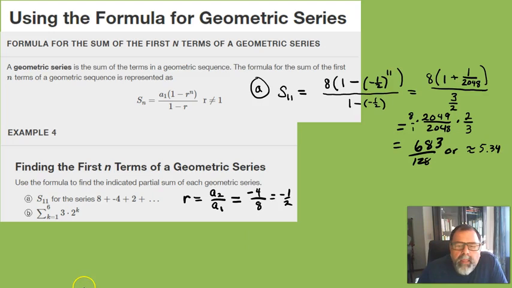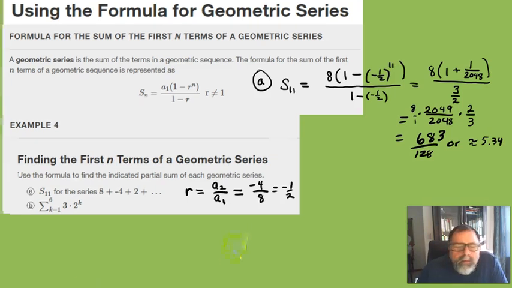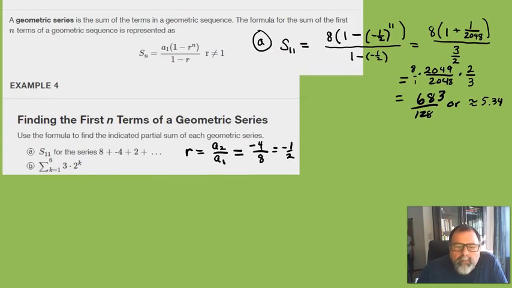Okay, now B. So for B, let's do this one. R is 2. We're going to start with 1 to 6. So we're doing S sub 6.